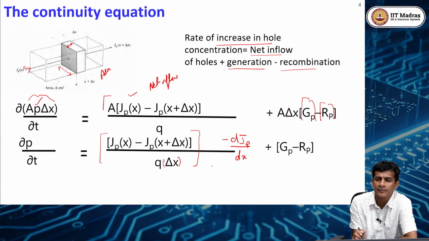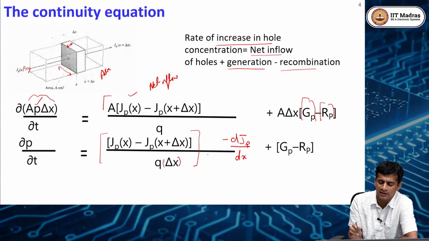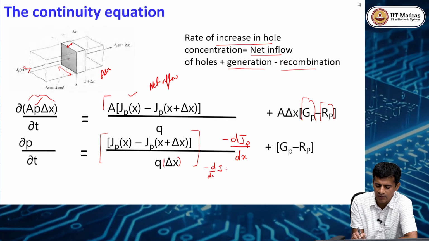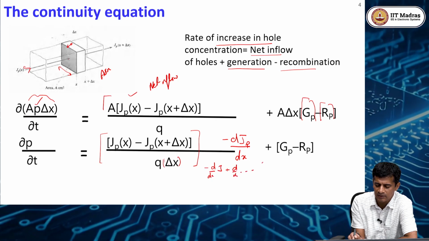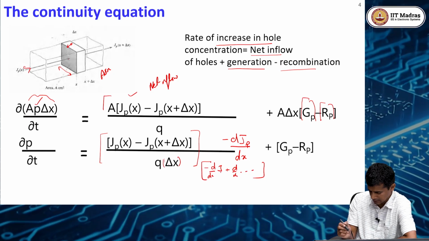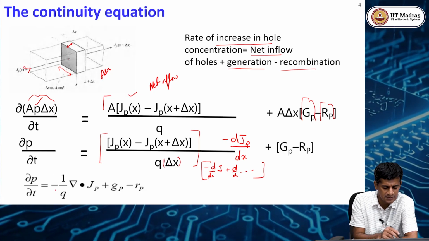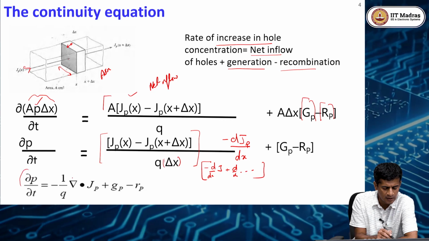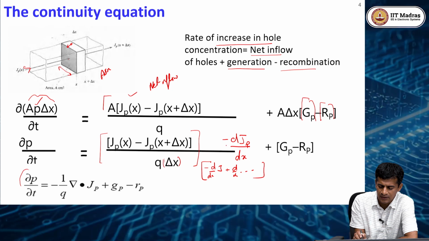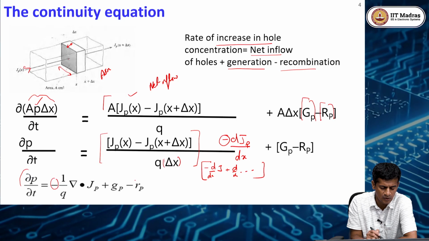On the other hand, if you are tracking in all three dimensions, you will have ∂/∂x of Jpx plus ∂/∂y of Jpy, and that term will be there. You might have seen this term, it is the divergence. So I can write this in general form: ∂p/∂t is equal to minus del dot Jp, this minus sign is here, then minus generation minus recombination.